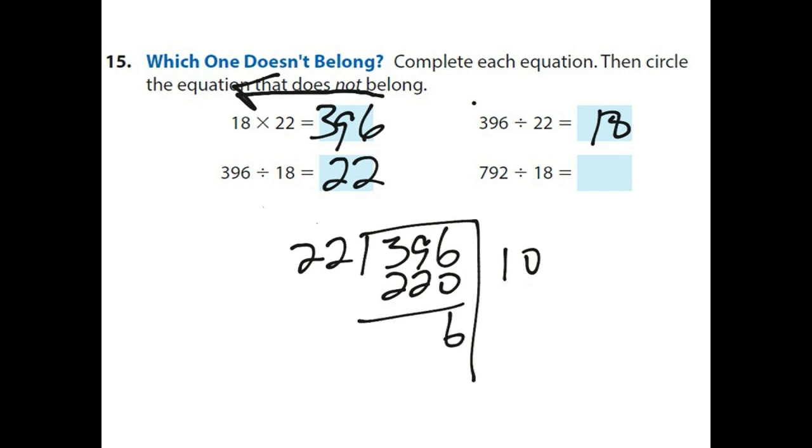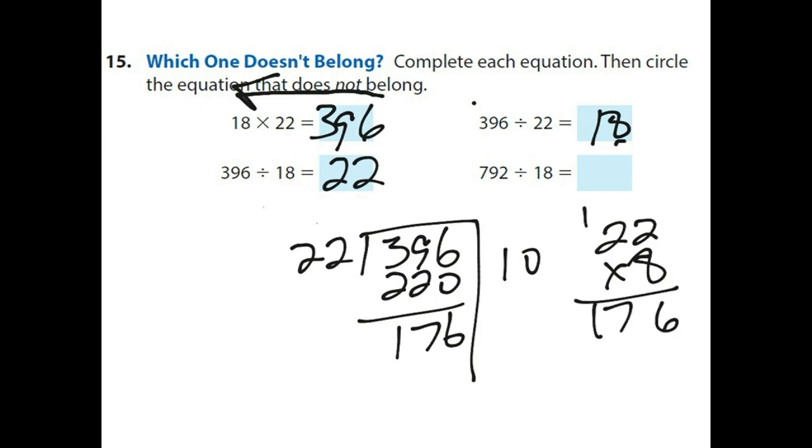Subtract, and I have 176. And we're trying to make it 18, right? So I'm going to try 8. 22 times 8. Yeah, 8 times 2 is 16. Carry that 1. 8 times 2 is 16, plus 1 is 17. Told you. 396 divided by 22 is 18.